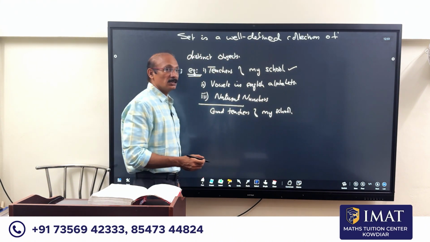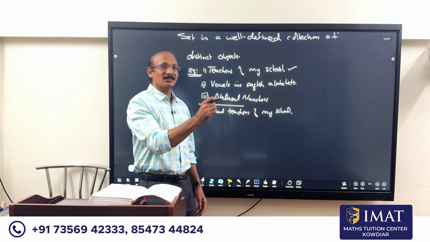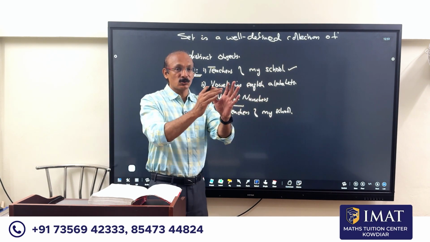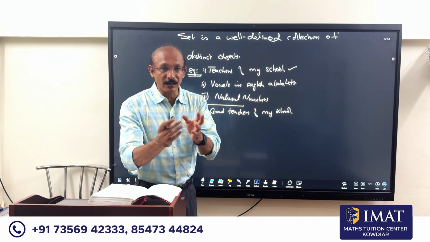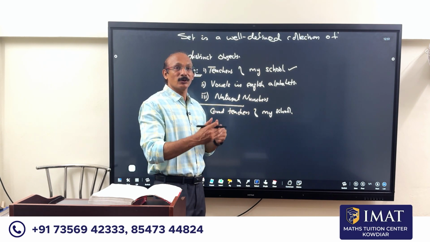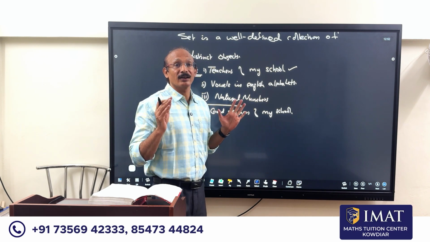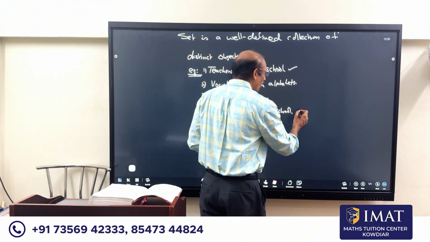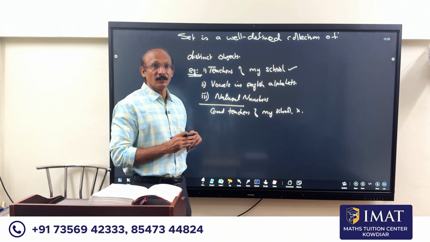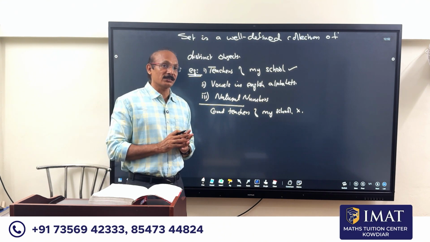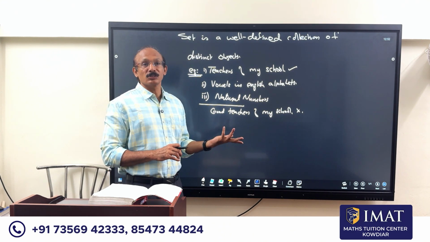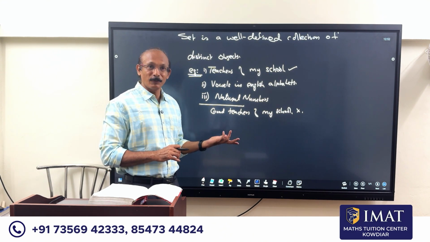Now when you say good teacher, a student named X will have a collection, and a student named Y will have another collection. So this collection varies from student to student, which means that this collection is not well defined. So this cannot be called a set. Though it is a collection, it is not a set. Why is it not a set? Because it is not well defined. I hope the point is clear.